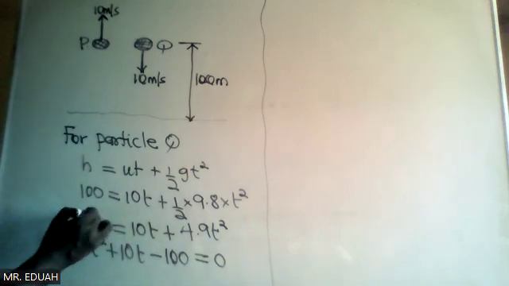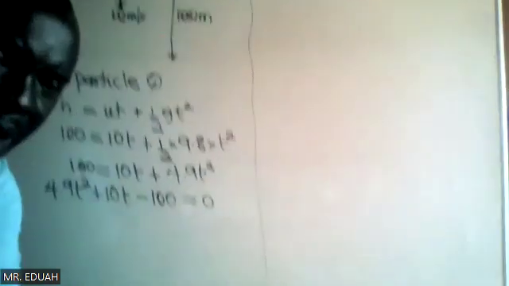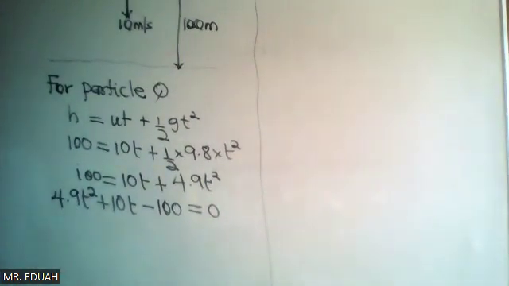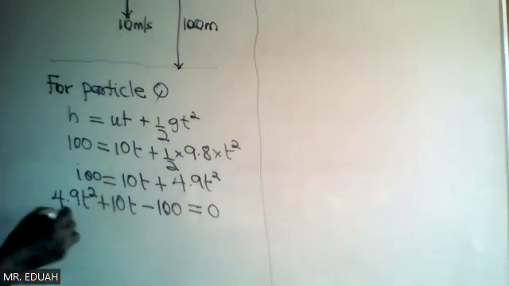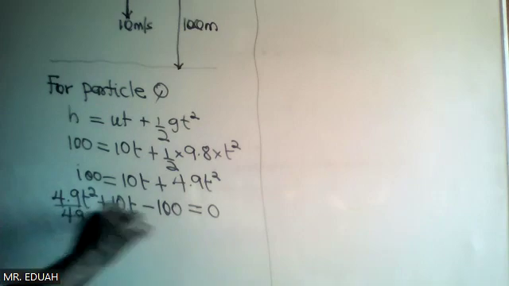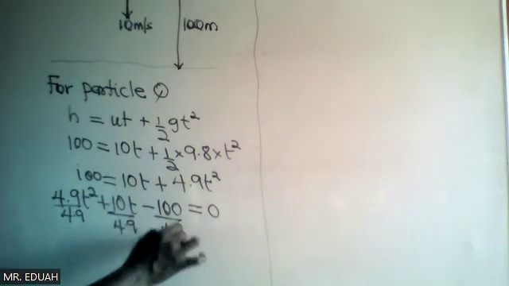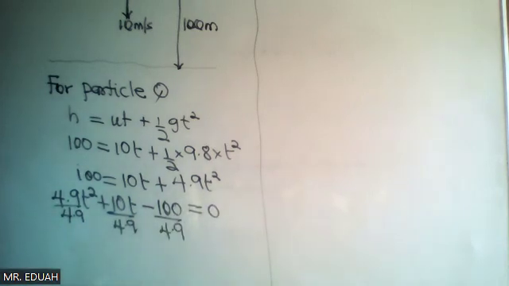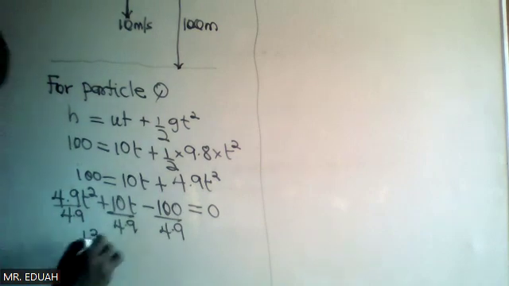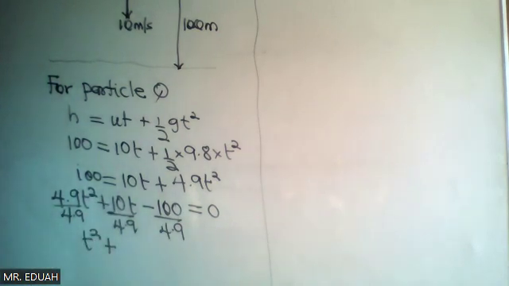Meaning when we let this cross the equal sign, we have a way of solving this, and I'll take you through. When we divide through by 4.9, of course, 0 divided by 4.9 is 0. So we have T squared plus, divide 10 by 4.9 for me.